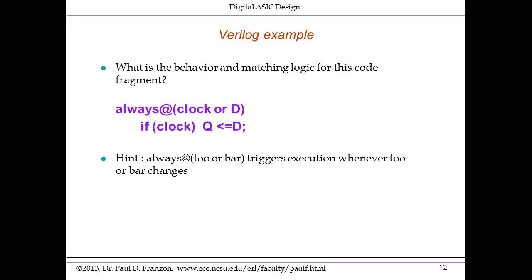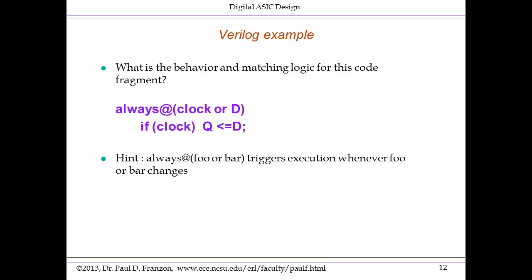Let's contrast that with this piece of code. Always at clock or D, if clock is high, Q is equal to D. Well, when you don't have edges in the sensitivity list, what it means is when they change. So this statement, if clock, then Q equals D, gets executed every time clock or D changes.